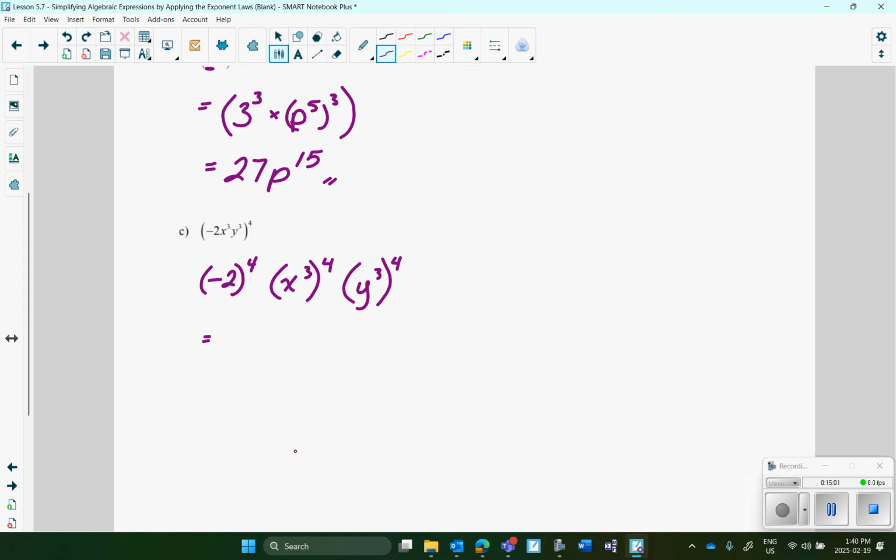And what is -2 in parentheses, that's important, to the fourth? Positive 16. Times x to the 12 times y to the 12. Okay?